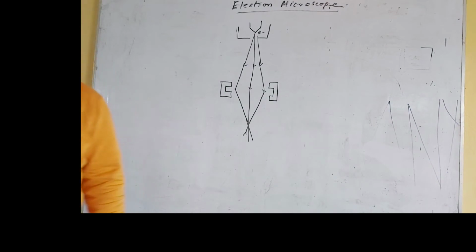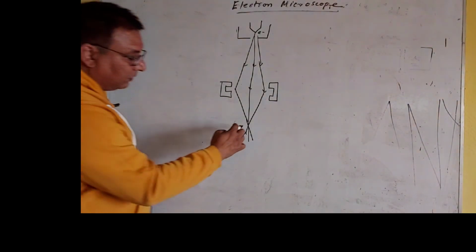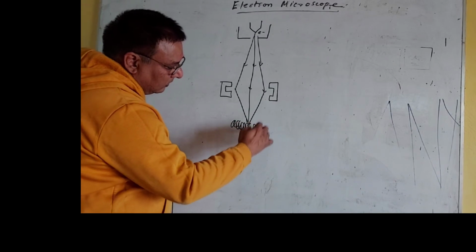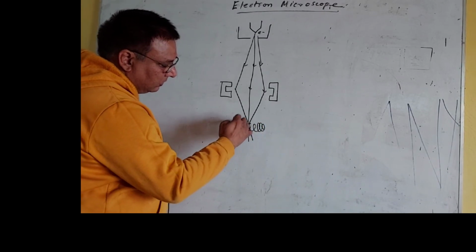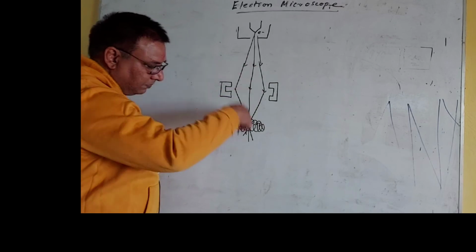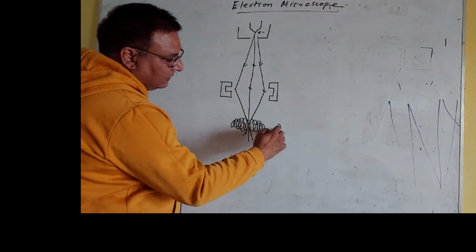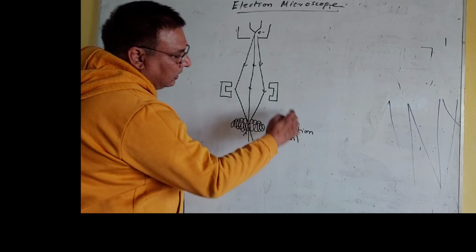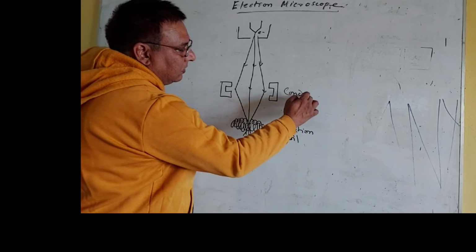And then at this position, there is a coil through which the electron beam passes. This is called the deflection coil. This is the condenser lens.